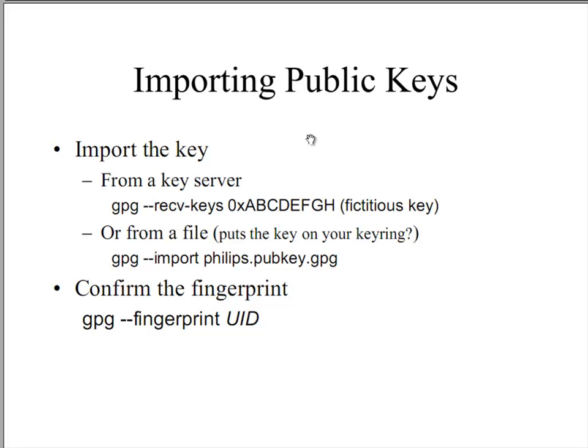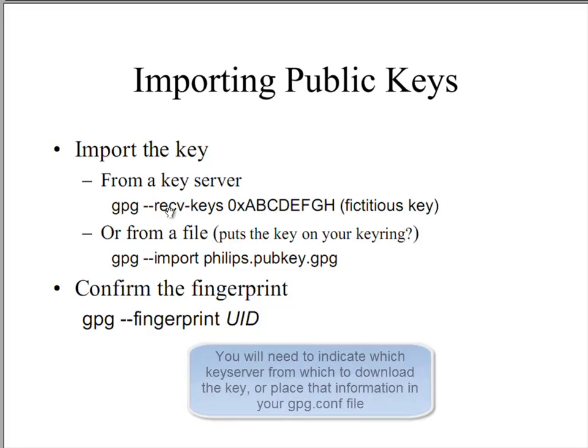Now, of course, if you want to send a confidential communication to somebody, you're going to need their public key. And there's several ways to import a key or to acquire a public key. I've already said that you could download that from the key server, as we just saw previously. Or if in your configuration file you've indicated that you want to use a particular key server, like the Ubuntu key server, from the command line we can use gpg --receive-keys and then the unique identifier of that key.